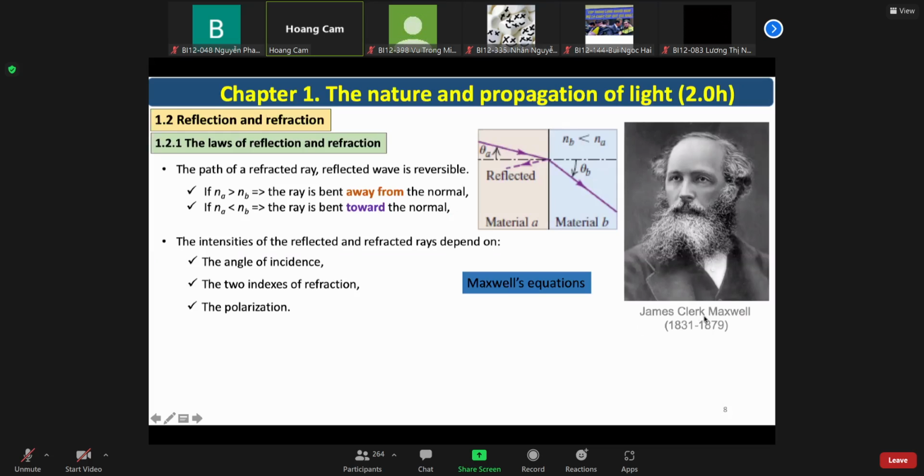The intensity is proportional to the electric field, and the direction of the electric field decides the polarization of the light. So the intensity of the reflected and refracted rays will depend on the polarization. We will discuss that in section 1.4 or 1.5, I don't remember very well, but we will do that right after.